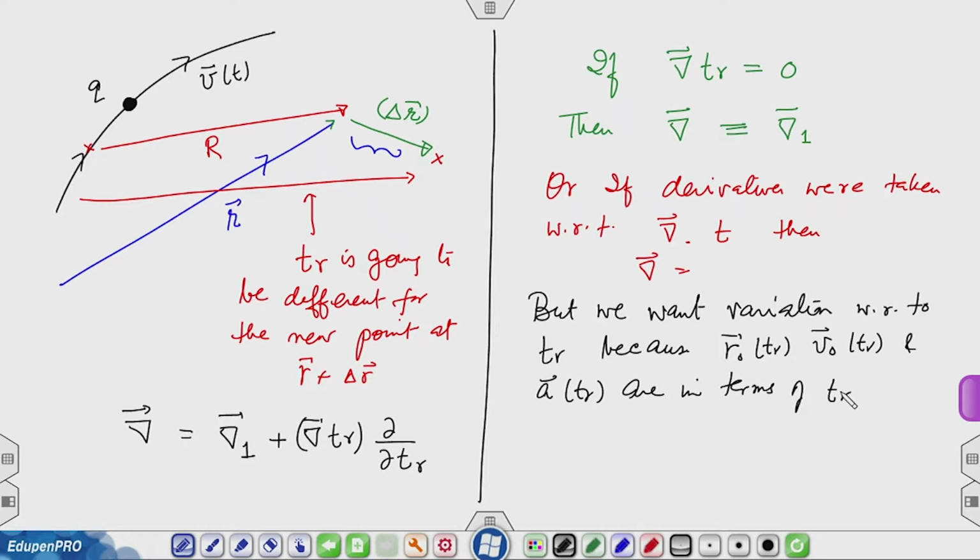And therefore, when I take derivative, I want to see how acceleration or velocity change in the past time, and grad of t_r is not equal to 0. And therefore, what I said here, these two things are related. So, that is the subtlety that is involved. Furthermore, if I change the time, because I have to take derivative with respect to time also, if I change t, second point, this also implies t_r changes.